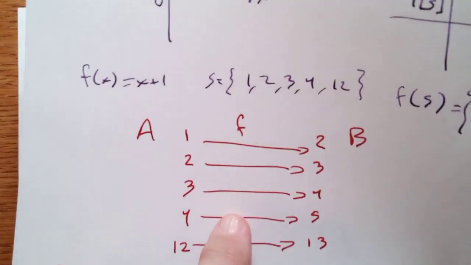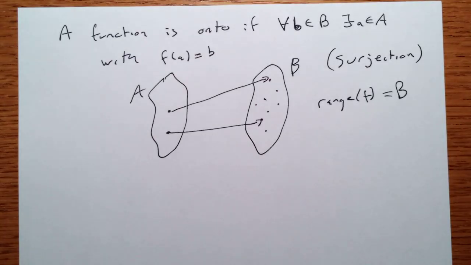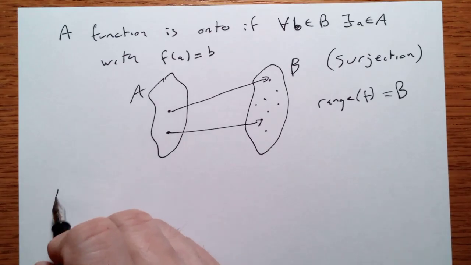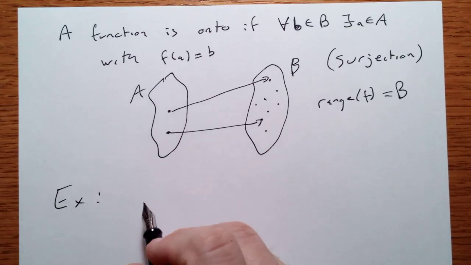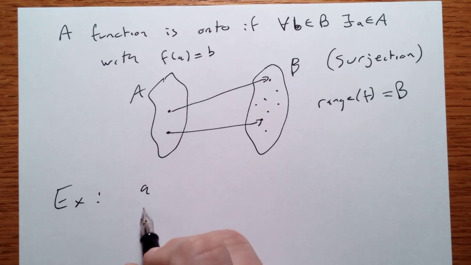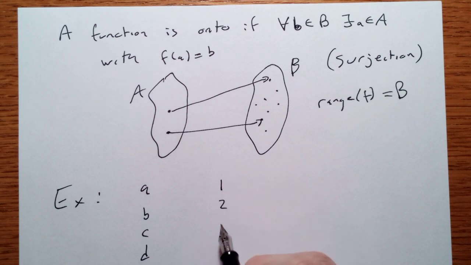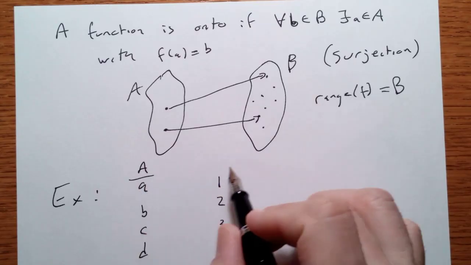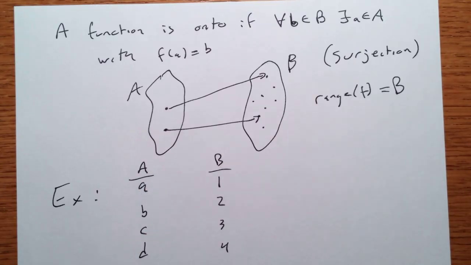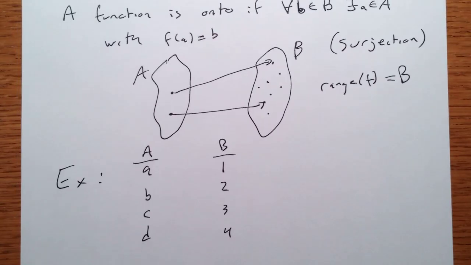All right, I want to use this picture or pictures like that. Let's think about this for a minute. Let's suppose I have a function and it goes from a, b, c, d to the numbers 1, 2, 3, 4. So here's the set A, here's the set B. I am going to make a function that is not one to one.